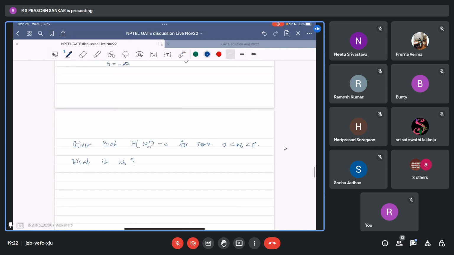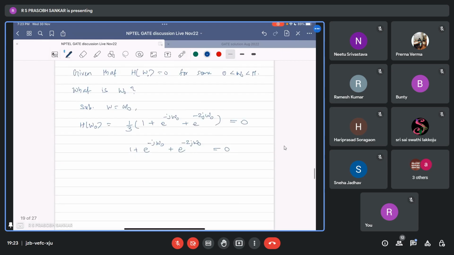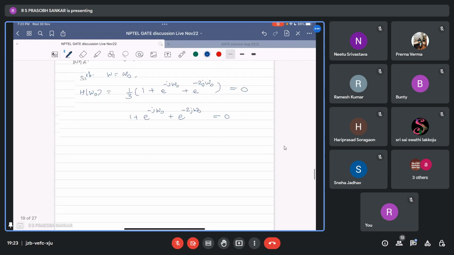Substituting omega equal to omega naught, we get H of omega naught, which is 1 by 3 times 1 plus e raised to minus j omega naught plus e raised to minus 2j omega naught. This is 0, as given in the question. What it means is 1 plus e raised to minus j omega naught plus e raised to minus 2j omega naught is 0. We need to find omega naught.